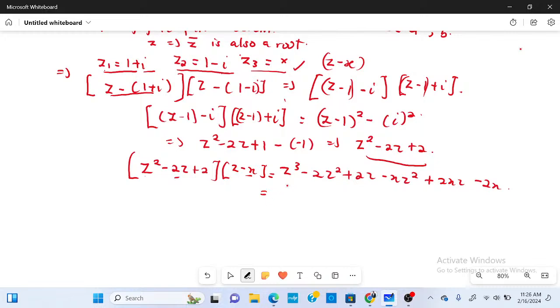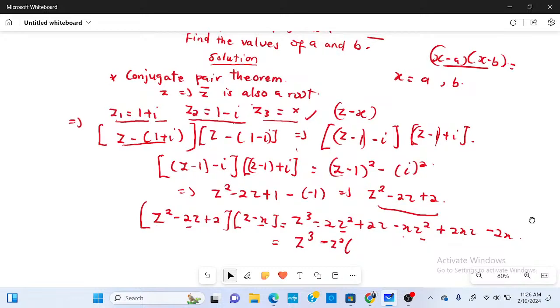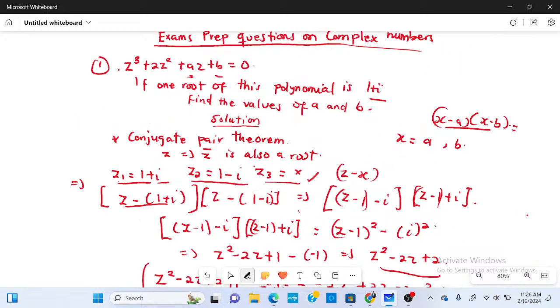So all powers to be at one side. I have only one z cubed, so I write my z cubed boldly. I have z squared here, I have z squared here. Then I'll make z squared a subject. To make z squared a subject, this is negative, this is negative. So I have minus z squared, open brackets. So let's go back to our equation and see. Our equation had the coefficient of the z squared to be what?